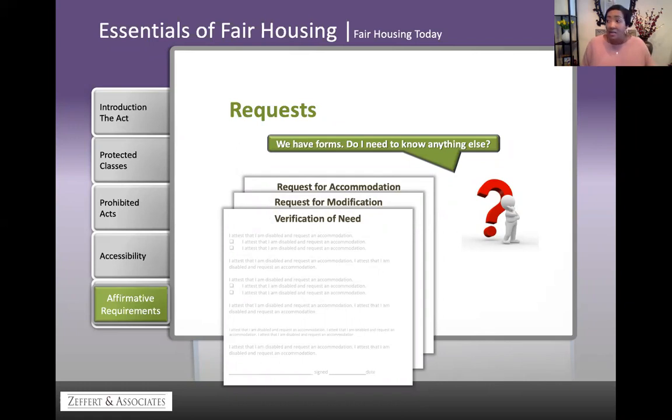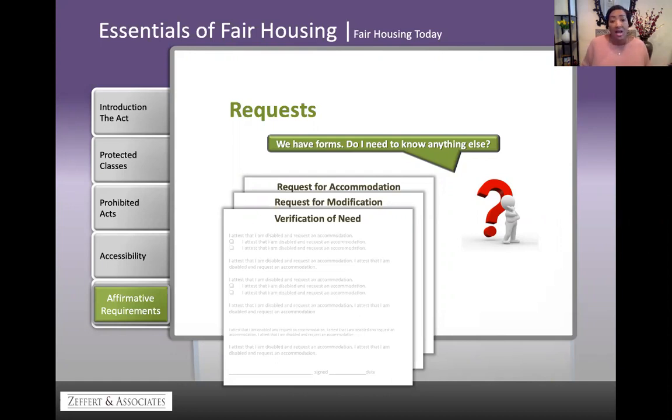However, in response to a request for a reasonable accommodation, a housing provider may request reliable disability-related information that is necessary to verify that the person does meet, this is when the nexus isn't obvious, the definition of a disability, describe the needed accommodation, and show the nexus between the person's disability and the need for the requested accommodation.